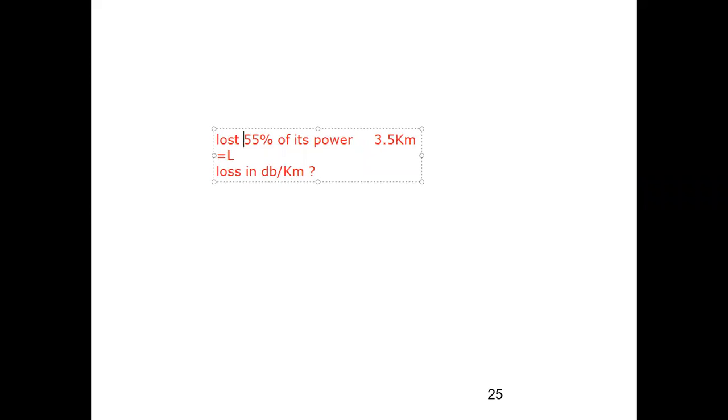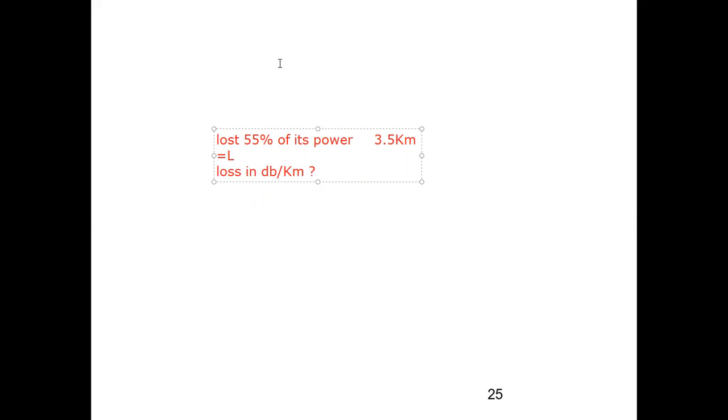So how do you relate? Anybody? For calculating alpha, I need P in and P out. It is not directly given. If we consider P in is 100 and 55% is lost, so P out will be 45. Yes.